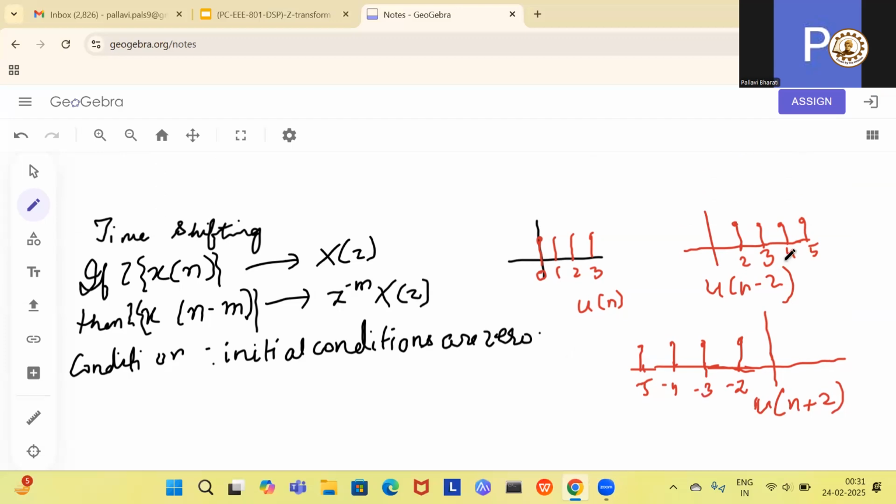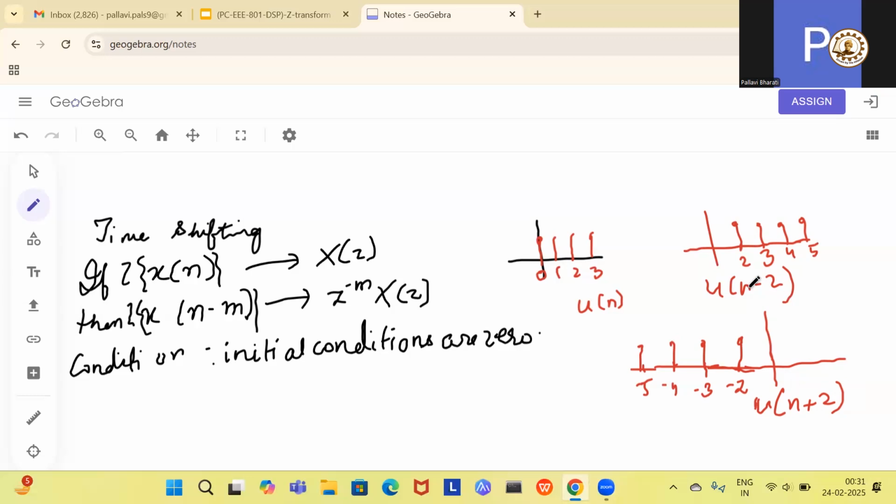One thing, see over here, that when you are shifting to the right or to the positive side, here you are having minus 2. And when you are shifting it towards the negative side or to the left side, that time you are having plus 2. So it's a different thing. Just in order for you to remember, I emphasize this point.